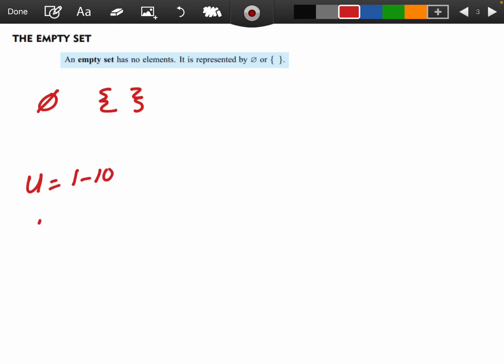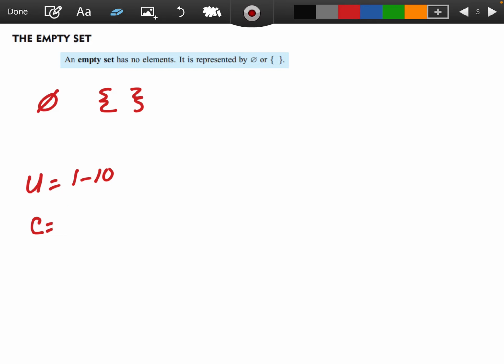within that, if C was, let's say, 11, 15, and 20, those were the three numbers that were part of C. Actually, that's not a really great example.